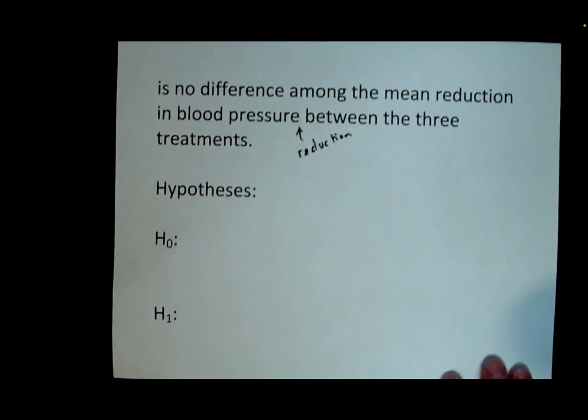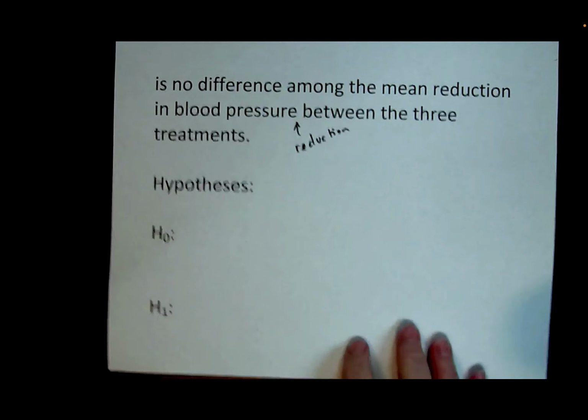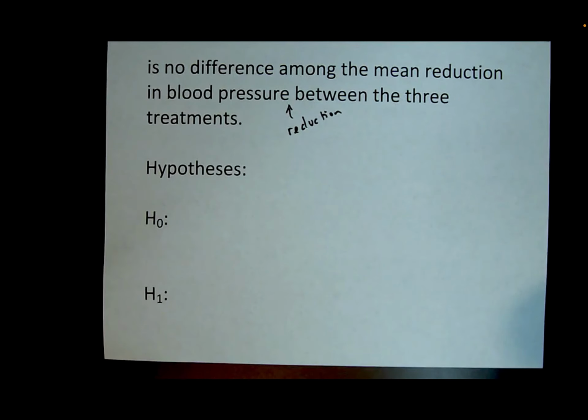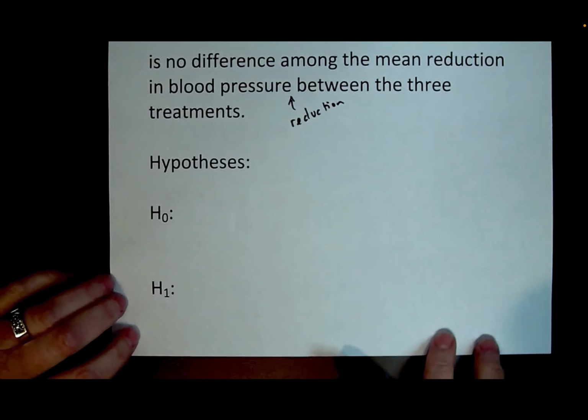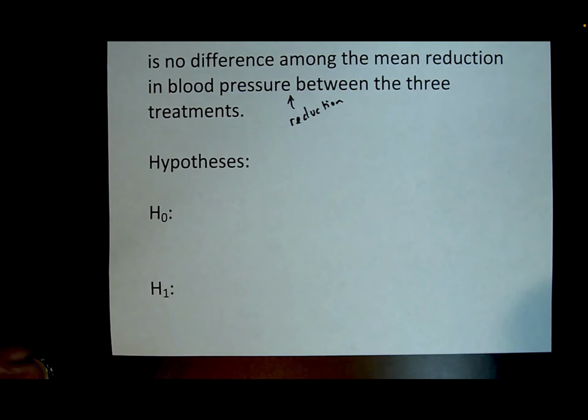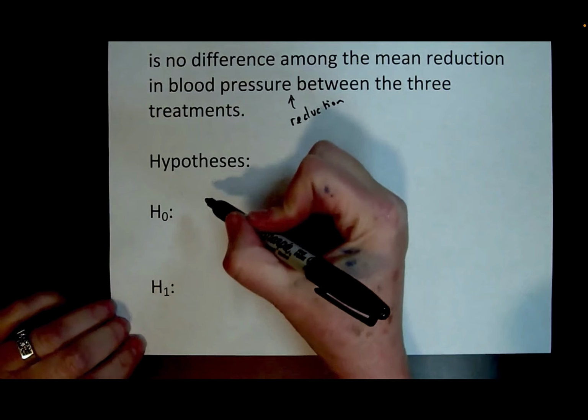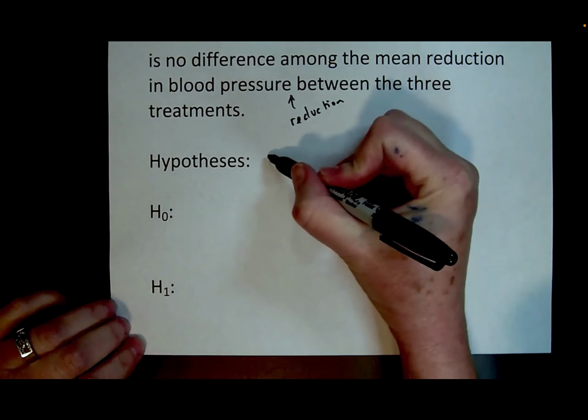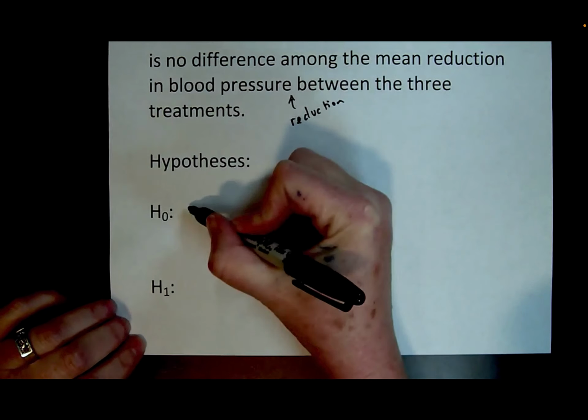Now, I've mentioned this is going to be a hypothesis test, so here are the hypotheses. Remember, the null hypothesis is always a statement of no difference, no change. So if you can write it out mathematically instead of in words, this is going to be the one that has equal signs in it, the null hypothesis. So I'm going to make up some notation here.